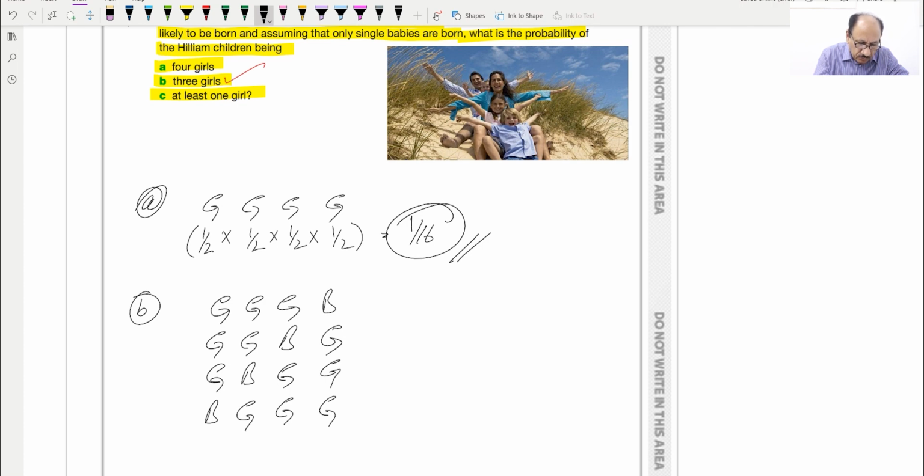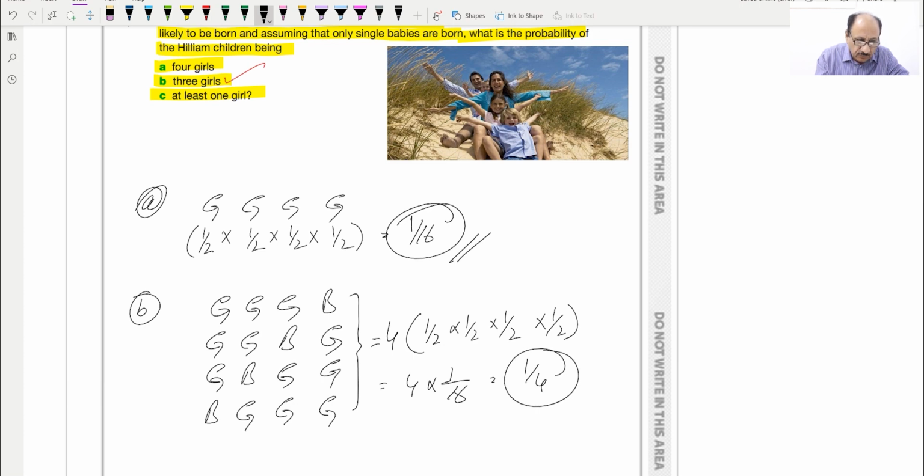For each one we can write 1 by 2 into 1 by 2 into 1 by 2 into 1 by 2. This will be 4 into 1 over 16, which is equal to 1 by 4. So this will be the probability for 3 girls.